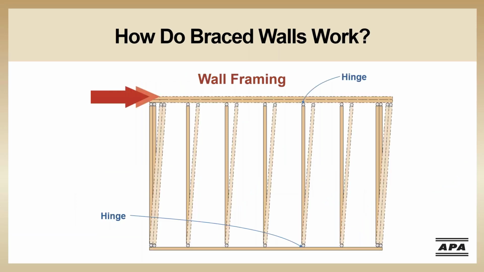One major part of the lateral load path is the bracing system of the house. When I use the term bracing in this presentation, I'm referring to both engineered shear walls and prescriptively designed braced wall panels. The general load path is the same for both methods of design.